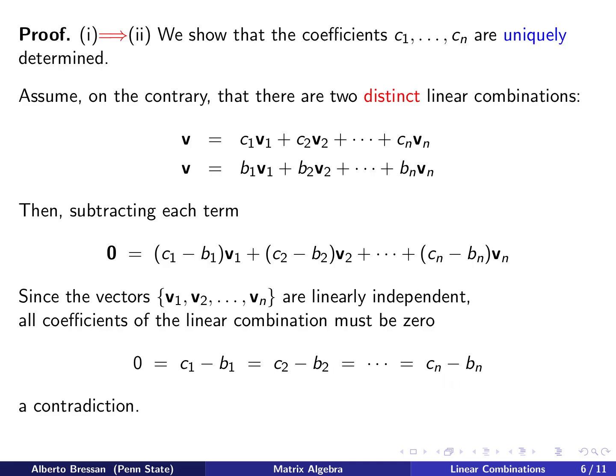And that means the set of coefficients, all the Ci's and all the Bi's, are the same. That is a contradiction to the assumption we started with, two distinct combinations. Therefore this assumption is false, and the coefficients are uniquely determined.